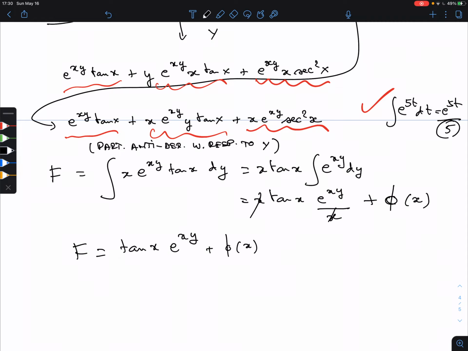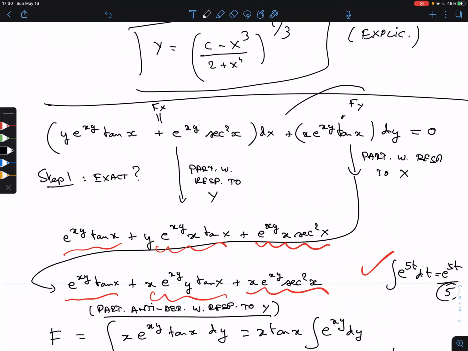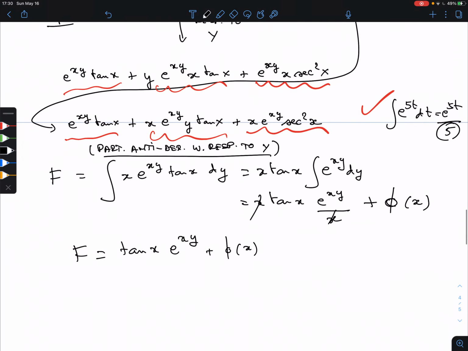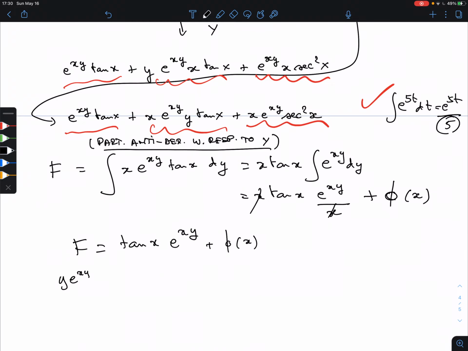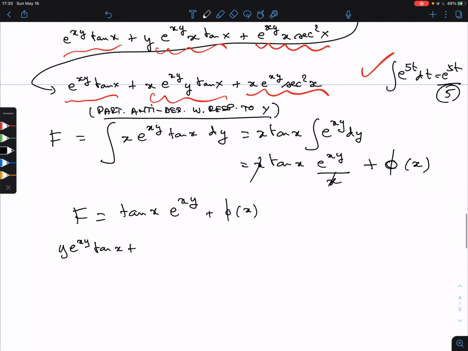The next step in this procedure is, remember, we did the partial derivative with respect to y. In other words, we used this information. But we also still need to know the other information, right? So we need to write down that this whole long expression here, y e^(xy) tangent x plus e^(xy) secant squared x.